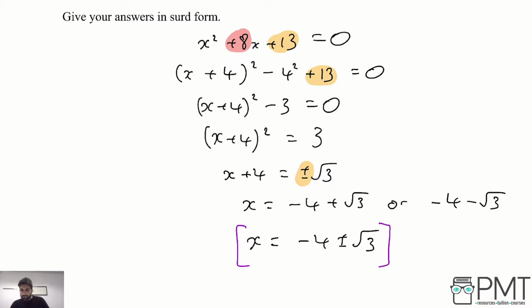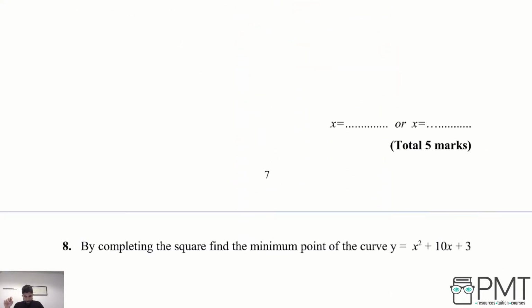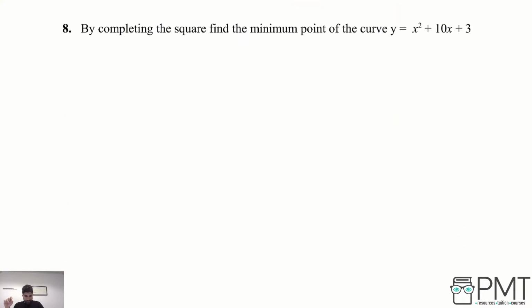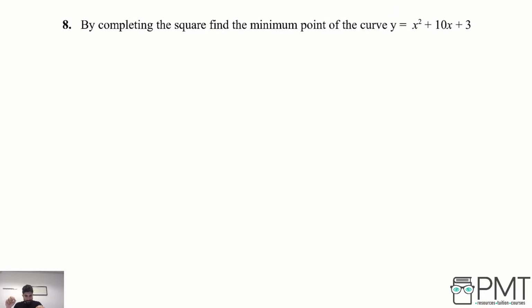Okay, let's see if we agree with this one. Let me know. And we can look at the last one. So this is going back to finding the minimum. There is this question, I'll give you some time to solve this one.